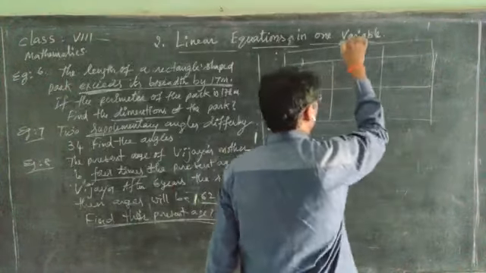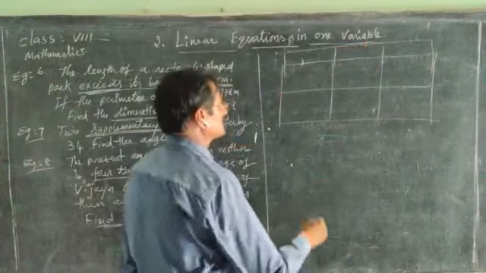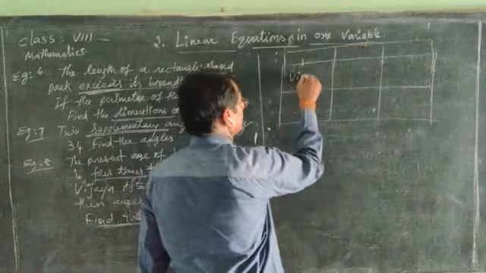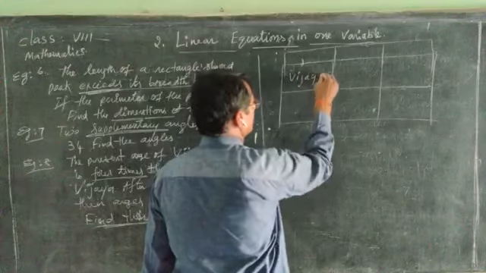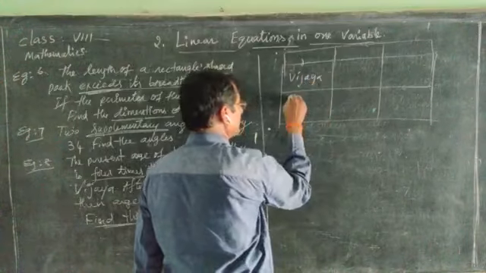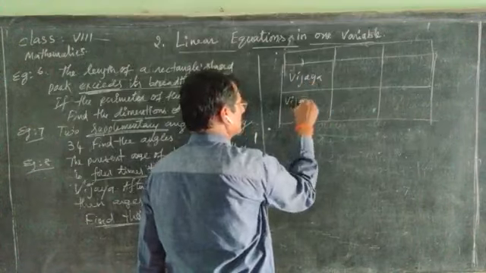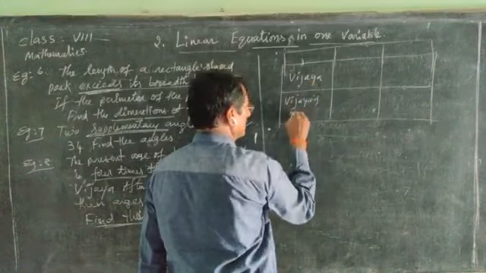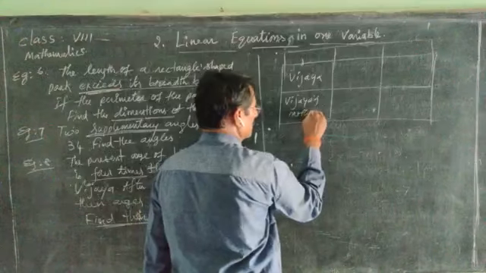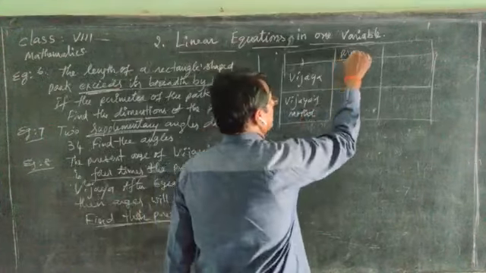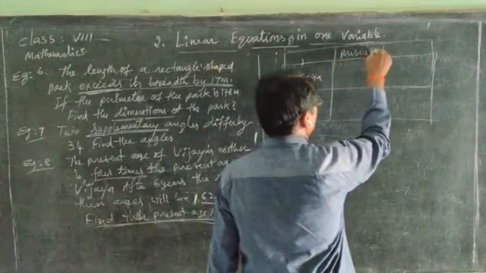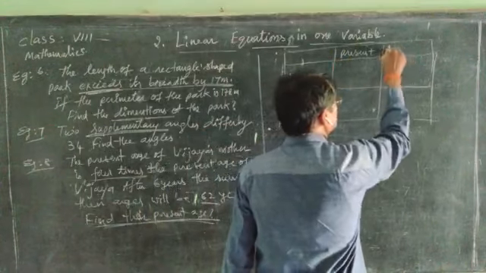Here, two persons: Vijaya and Vijaya's mother. Present age and age after 6 years.